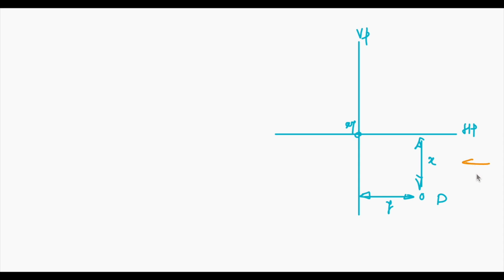Now this is direction for the front view and this is direction for the top view. Now when you draw its front view, it will appear over here. So this is front view. The point is at a distance of y below HP, so same distance will be considered, below xy line, and you will get the D dash, that is front view.